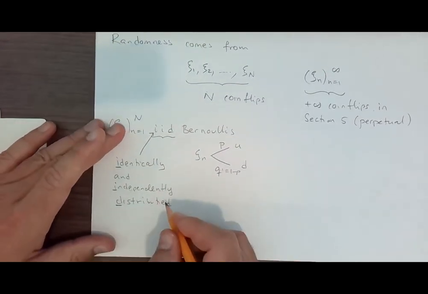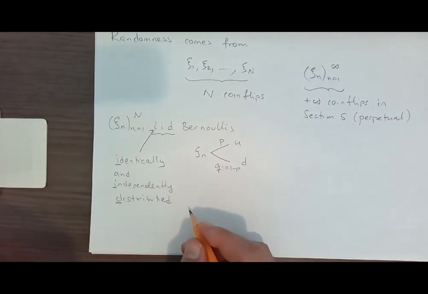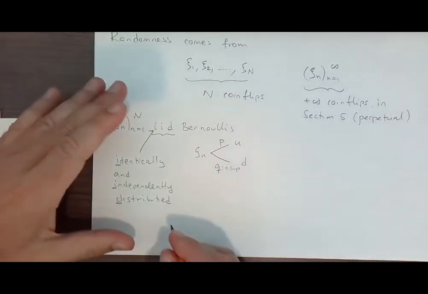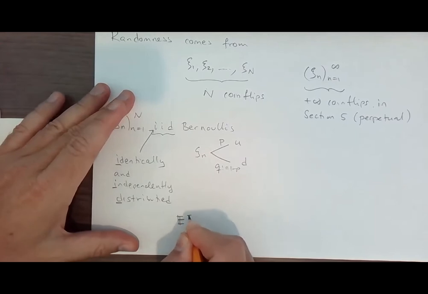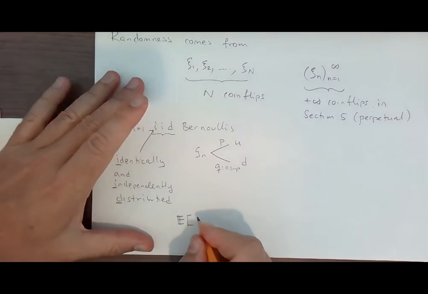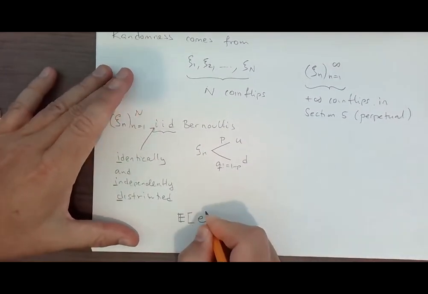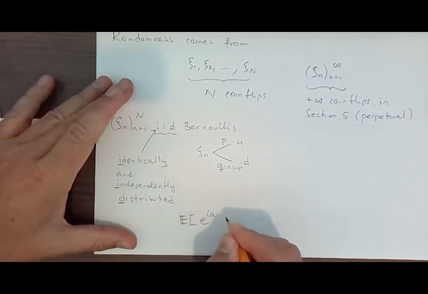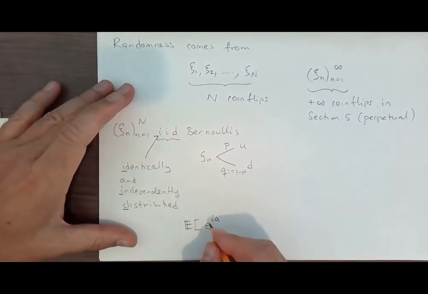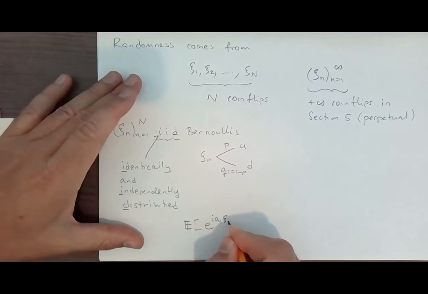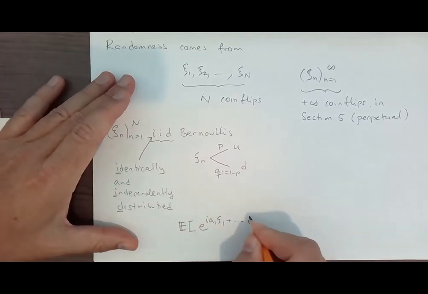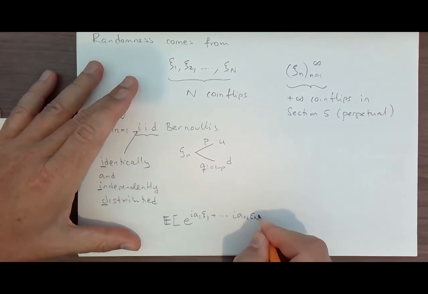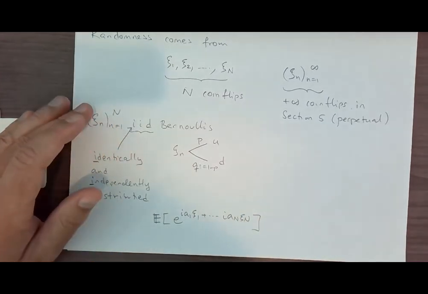There are several ways of saying this. The way that works well for independence in this course, maybe also in others, is this: if I look at the characteristic function, the exponential of i times a1 psi 1, all the way up to i times an psi n, this is the joint characteristic function.